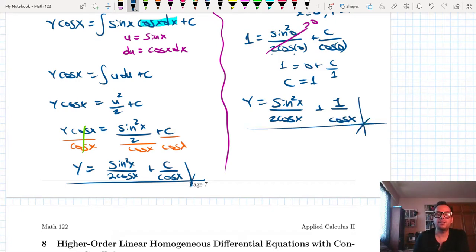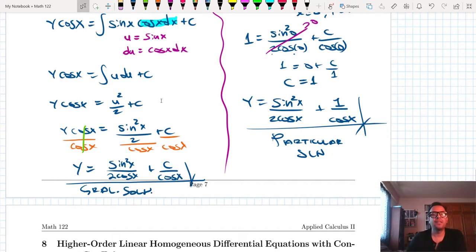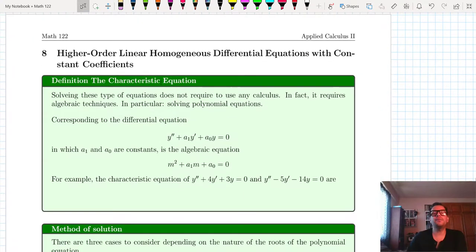That is the particular solution, and that was the general solution.